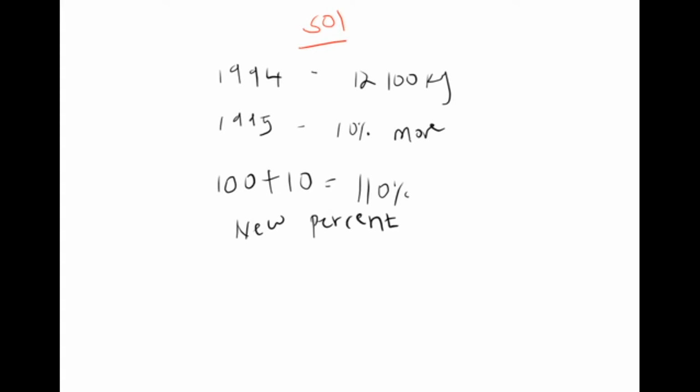Then the original percent, or the first percent, was 100%. Therefore, we shall take: if 100% was equivalent to 12,100 kilograms, what about 110%? Then from there we can simplify. First, let us cross multiply. Then after that we shall simplify.